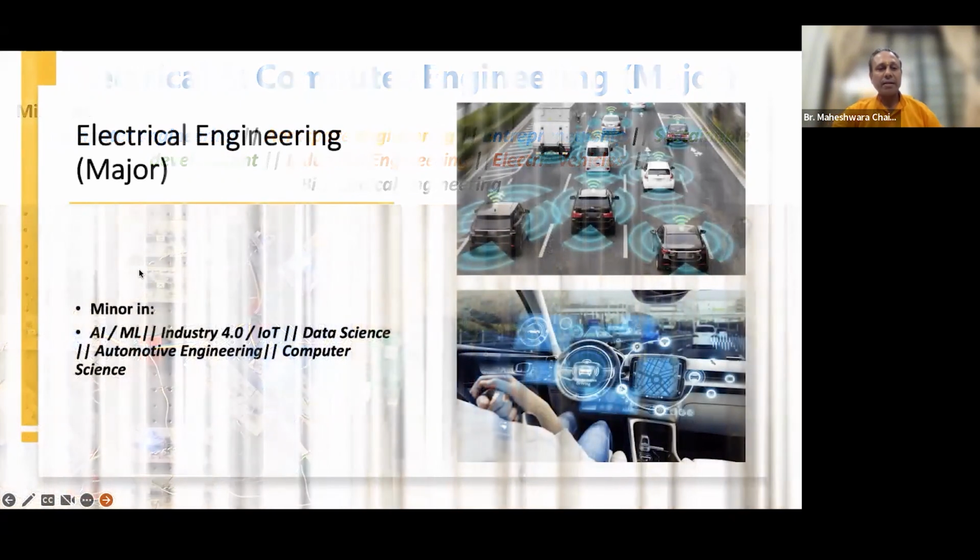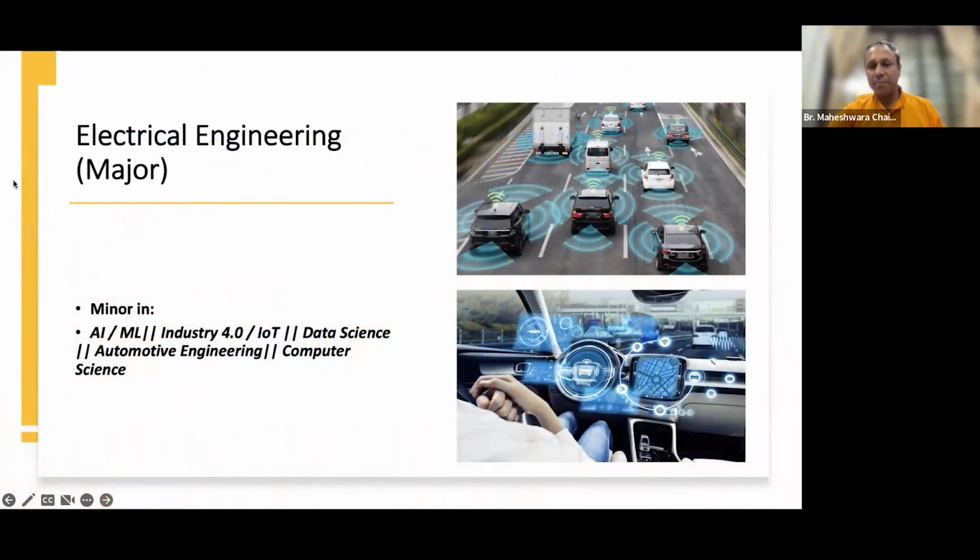Now, when you come to electrical engineering, you see the picture on the right hand side. Connected vehicles. Again, you come back to Ola or Uber, a network of vehicles with connectivity, where it can be tracked, and an electrical engineer wants to work with IoT, Internet of Things, or wants to analyze the data generated by the sensors in all these vehicles.